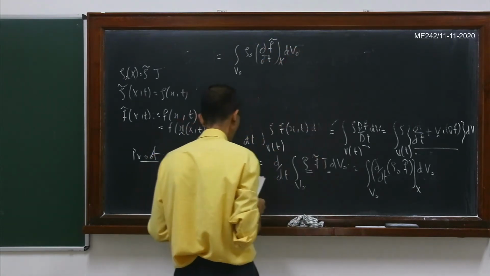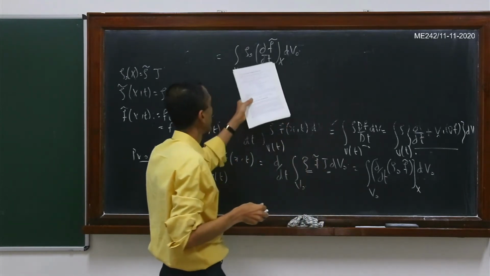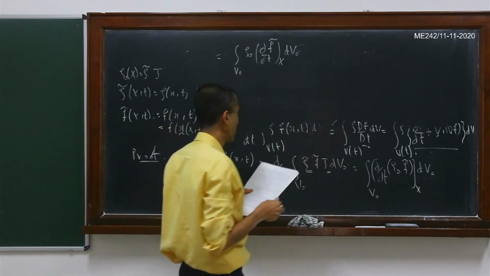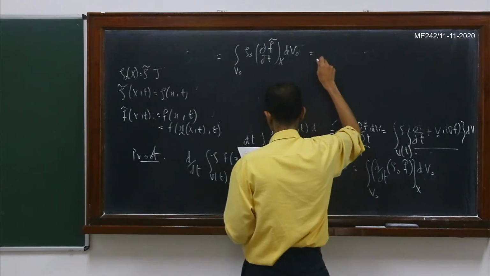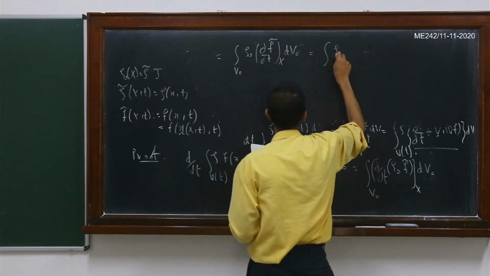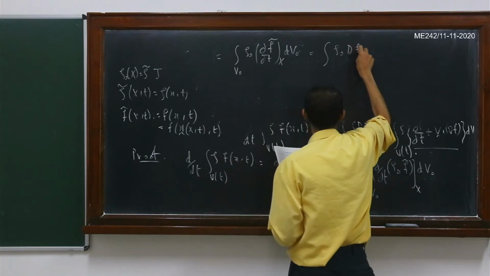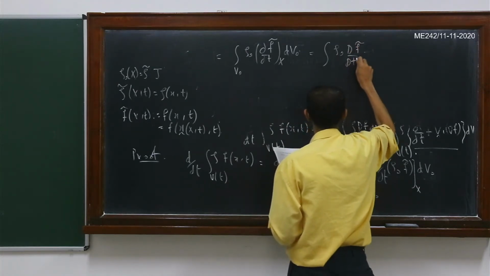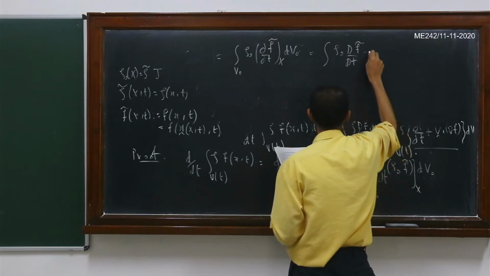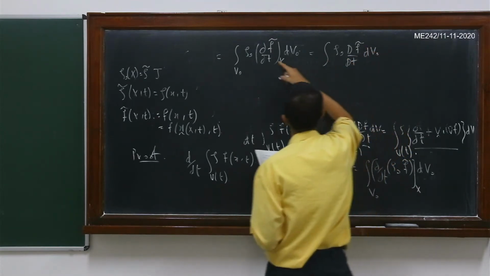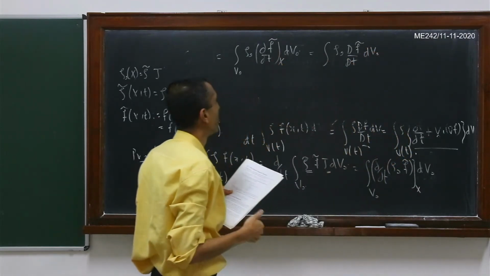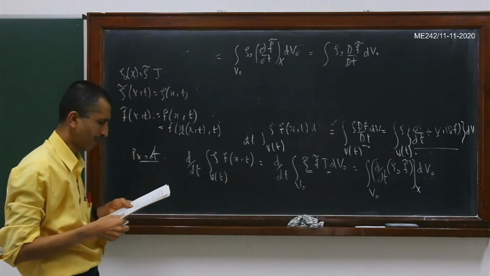Right? And then this quantity is nothing but the material derivative. So I can write this as equal to the integral of rho naught times df tilde by dt times dv naught, right? Because this is exactly how we have defined the material derivative of f tilde.